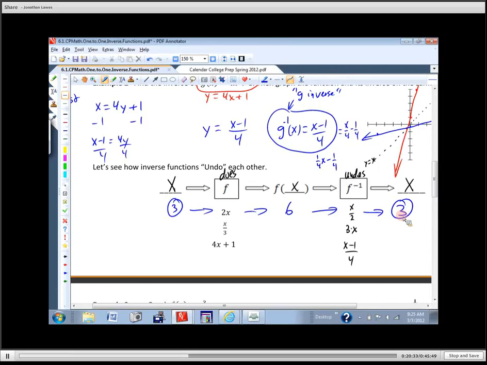If they truly undo each other, whatever this one does, this one undoes. So if we plug in, let's pick a number that's divisible by 3. Let's say 21. If we plug that into this function, what comes out? 7. If we plug that in here, what comes out then? 21. So we started with a 21 and came out with a 21.